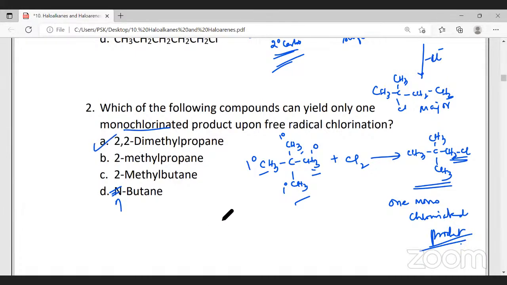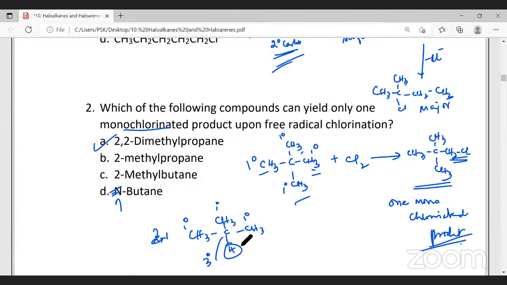Did you understand, Ajay? Now, 2-methyl propane. You just see 2-methyl: CH3, C, CH3, and CH3. Now, here it will be H. So, this is primary, this is primary, this is primary, but this is tertiary.